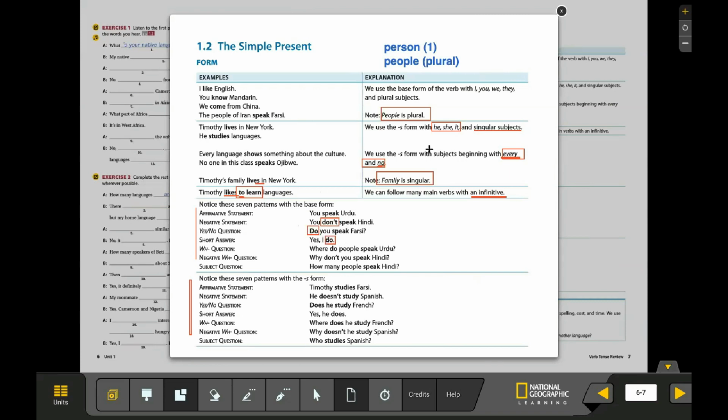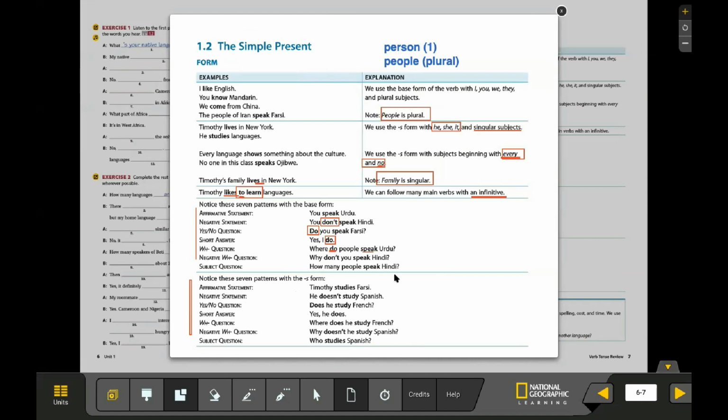So in all these cases here, I, you, we, they, and plural subjects, the auxiliary is do. But in the S form, we don't use do, we use does. It's a different auxiliary. Now, Marjorie, can you read the second group of patterns, please?